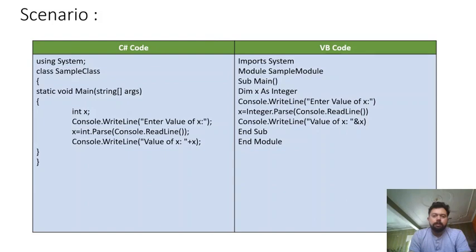For example, look at this scenario. We have written two sets of code over here. One set of code is written in C#, that is this, and the other set of code is written in VB, that is this.